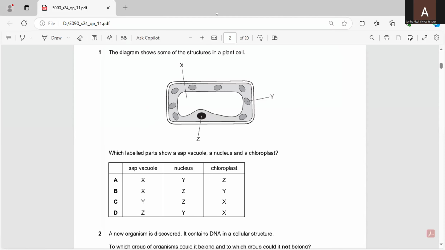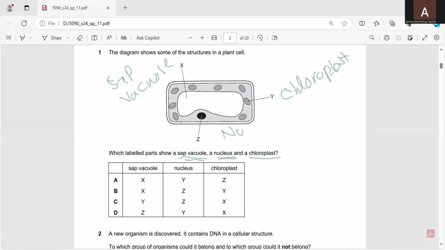the diagram shows some of the structures in a plant cell. Which labeled parts show a sap vacuole, a nucleus and a chloroplast? So in the center, X is the sap vacuole, Y is a chloroplast, and Z is the nucleus.